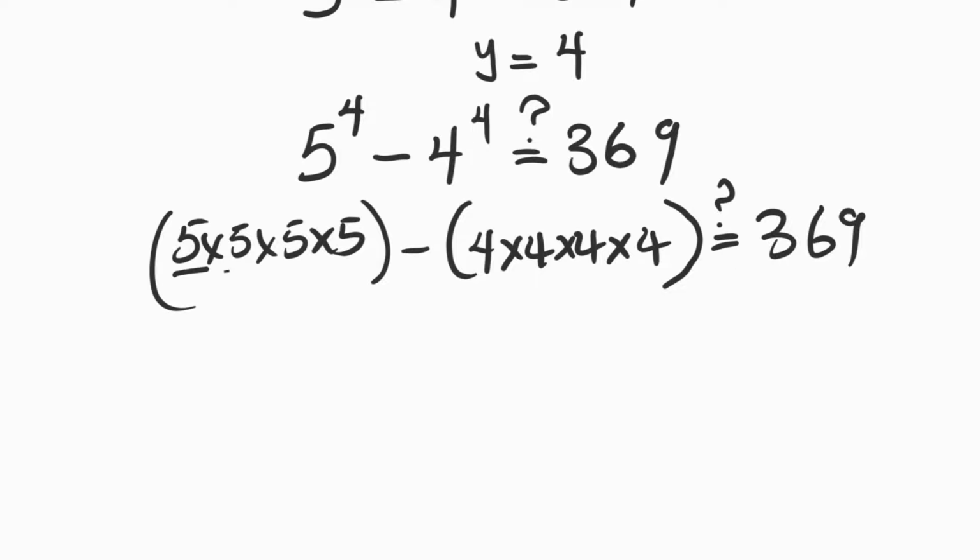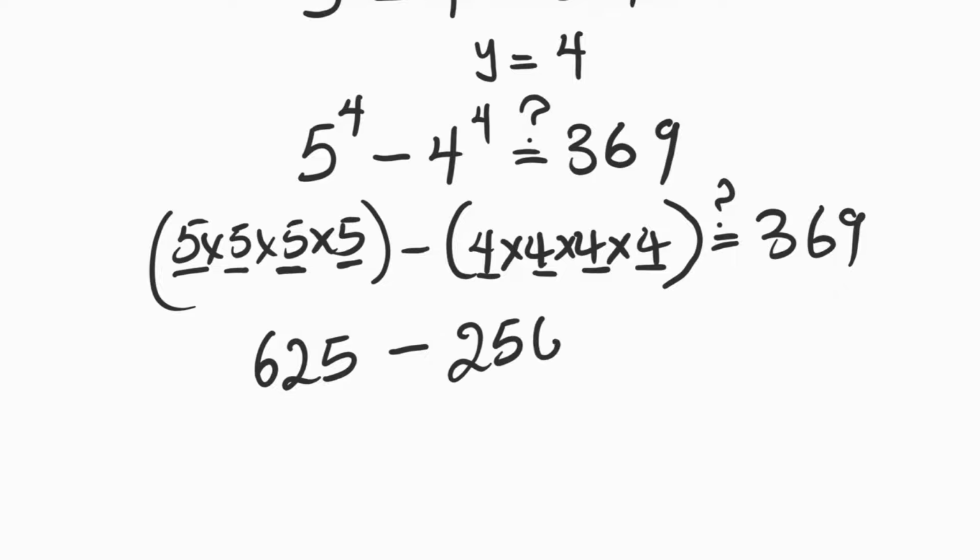So 5 times 5 is 25. 25 times 5 is 125. Times 5 will give us 625. 4 times 4 times 4 times 4 is going to give us altogether 256, if I'm correct. And we're trying to see if this is going to be equal to 369 when we subtract.